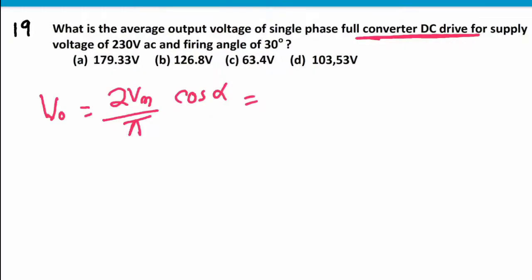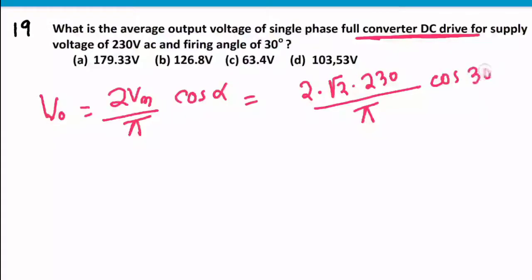So this will be 2 into Vm, which is root 2 into the RMS value, RMS value is 230 volt, by pi into cos 30. So this will be 179.33 volt. So here option A is the correct answer.